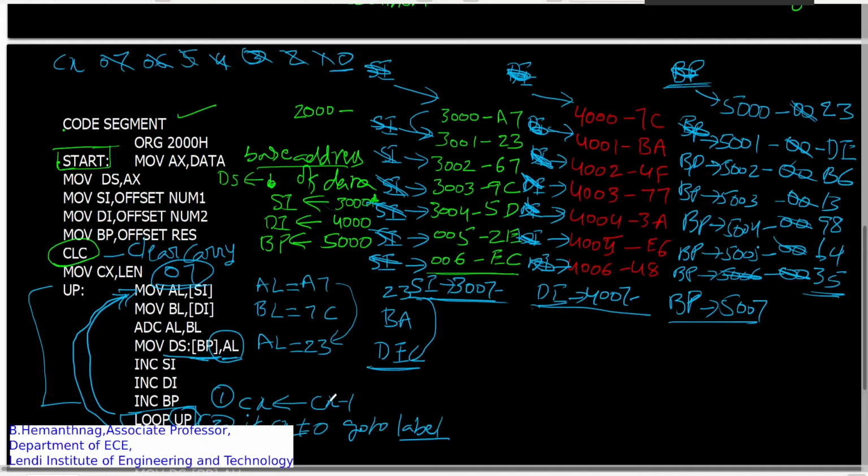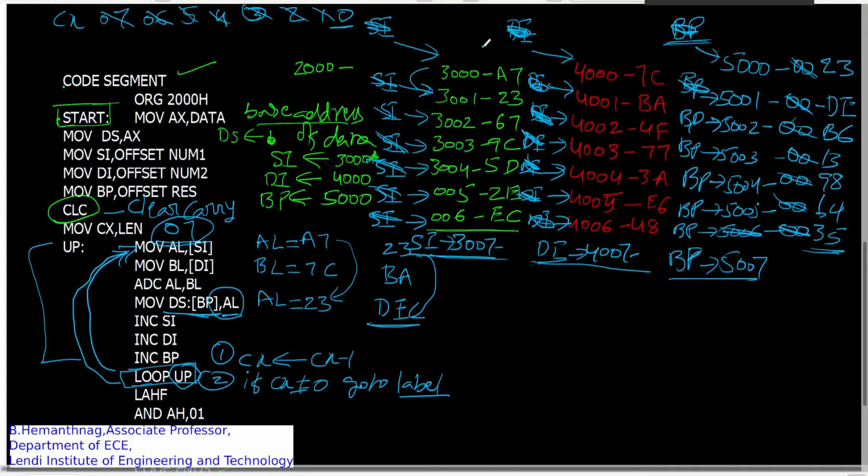The final values of SI, DI and BP are given here, with CX getting to 0. CX is now 0, so that is the point where it will not repeat these instructions further. So there will be no further iteration of the loop.